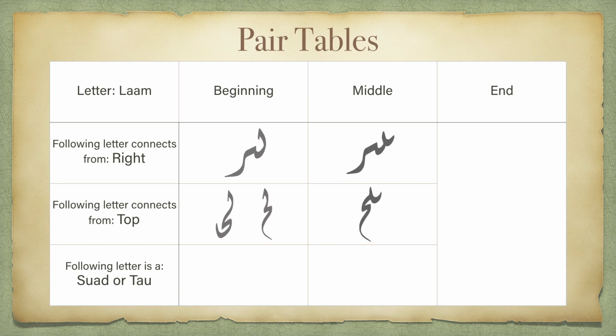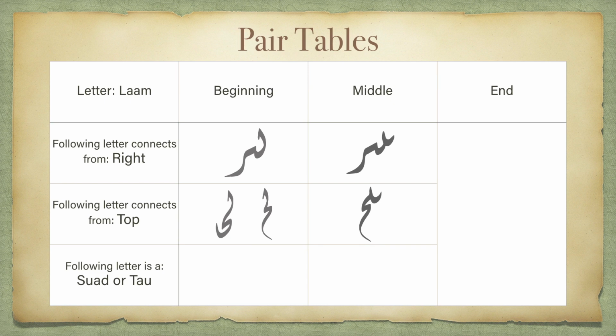Now let's have a look at what happens when the following letter connects from the top. Again, there are a specific set of letters that connect from the top, like the Jim, the Meem, etc. Let's have a look at the letter Jim and how that affects the lam when it appears before it. So let's have a look at the beginning lam over here.